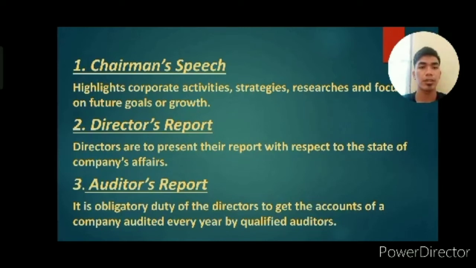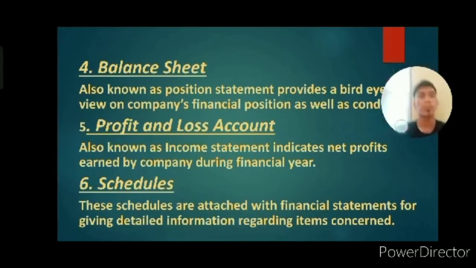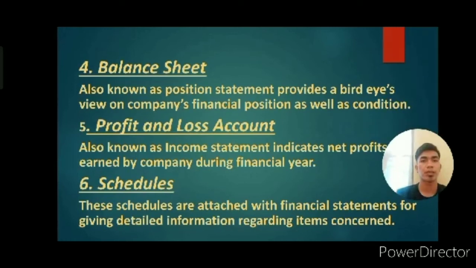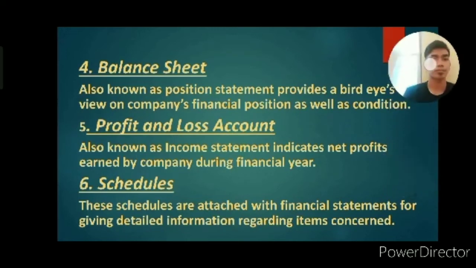It is the obligatory duty of the directors to get the accounts of a company audited every year by qualified auditors. Fourth, balance sheet, also known as position statement, provides a bird's-eye view of the company's financial position as well as condition. Fifth, profit and loss account, also known as income statement, indicates net profits earned by the company during the financial year.